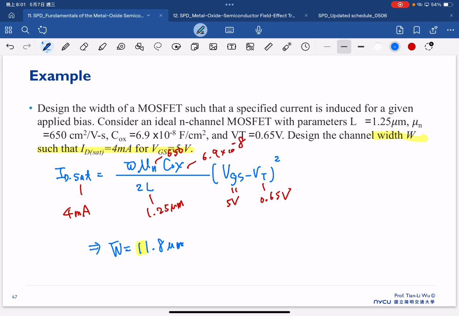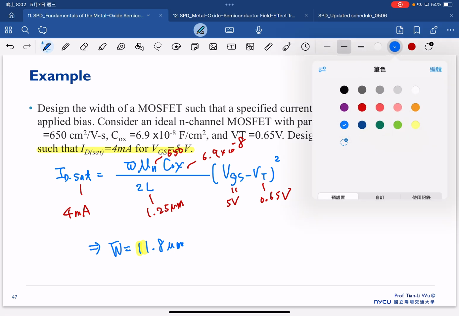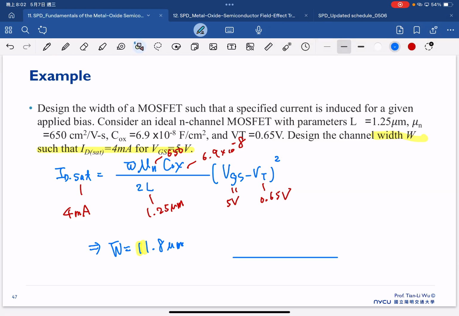This is particularly useful information, because in real device fabrication, when we try to design the transistor, we do not only consider the structure here. We are not only considering the case as shown, where we have the source and drain. Previously, we only drew a 2D schematic, as shown here.